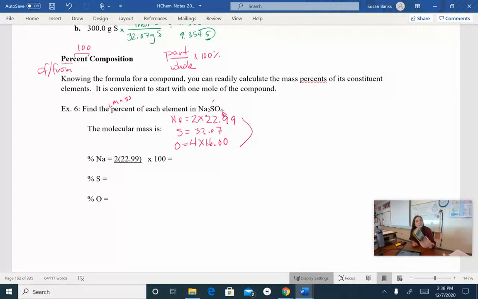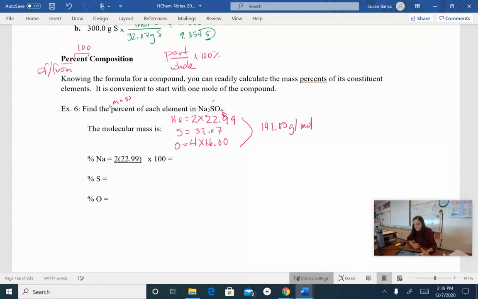So you're going to want to have your calculator handy. So when I do that, let's see, 2 times 22.99 plus 32.07 plus 4 times 16. Now remember your order of operations here, guys. Okay, that's really important. So our total mass ends up being 142.05 grams per mole. Okay?